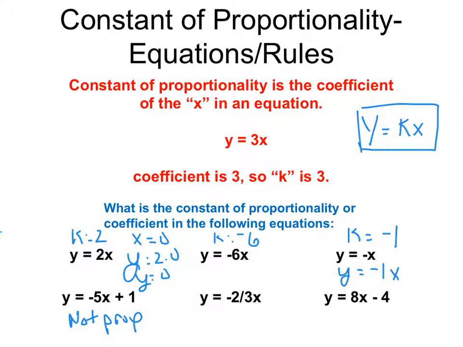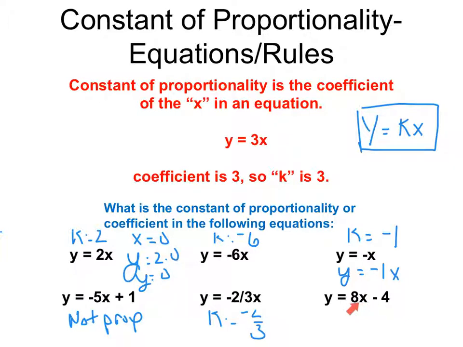In the next example, y is equal to -2/3 x. Again, this looks like direct variation, and this time my constant of proportionality is actually a fraction, and the fraction is -2/3. And finally, in my last example, y is equal to 8x minus 4.